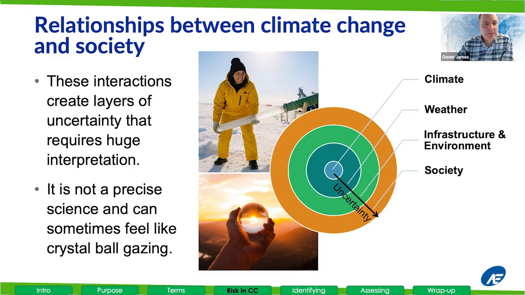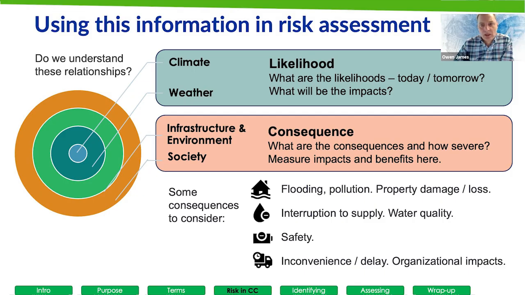So that's some of the relationships that we're trying to model, and you can see that that's a pretty complex system to model. If we can begin to understand variability in climate patterns, the nature of weather events, infrastructure and environmental exposure, and vulnerabilities and impact on society, we can use that information to begin to systematically understand and quantify likelihoods, consequences, and risk.